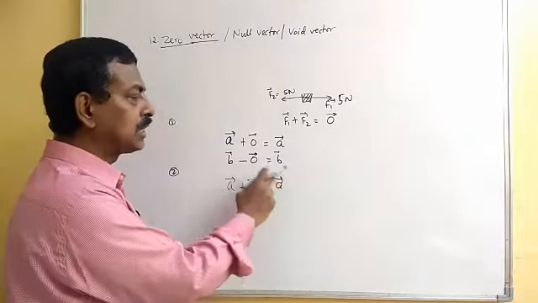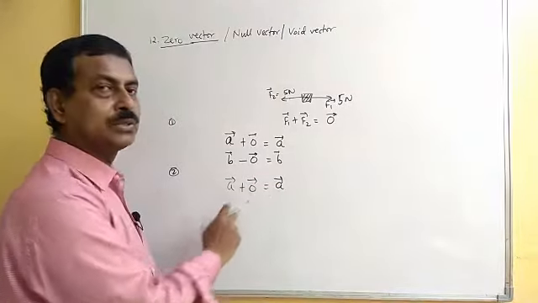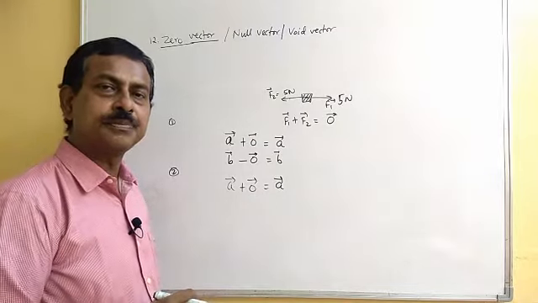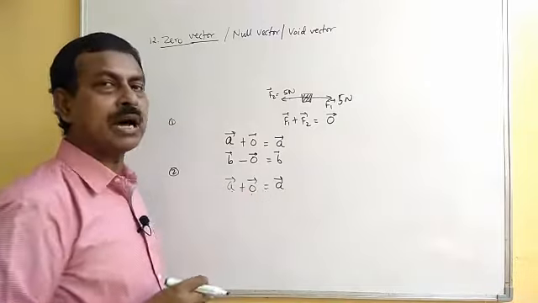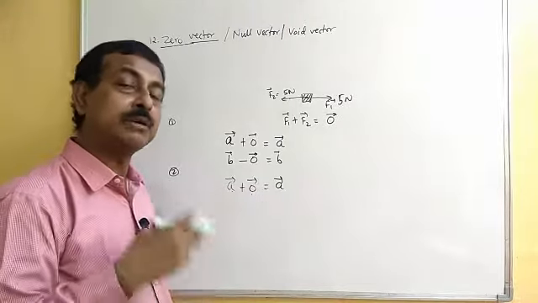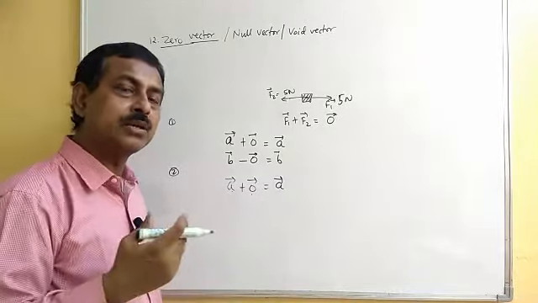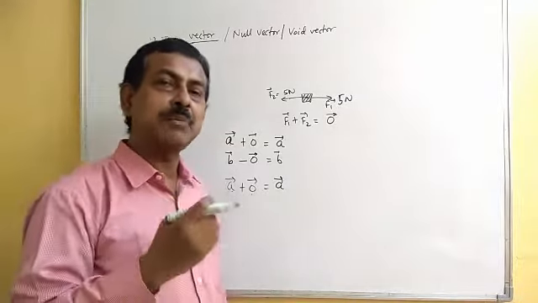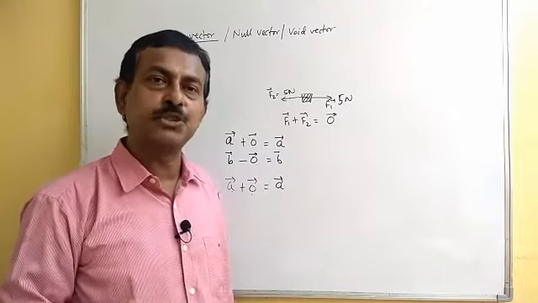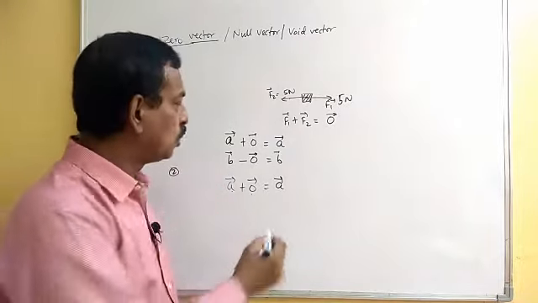It means the magnitude of the resultant is the same as the sum of the magnitudes of the individual vectors. That means vector A and the zero vector are in the same direction, from the concept that the resultant of two vectors acting along the same line has a magnitude equal to the sum of the magnitudes of the individual vectors.